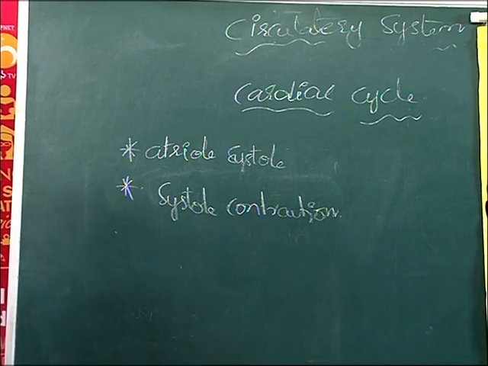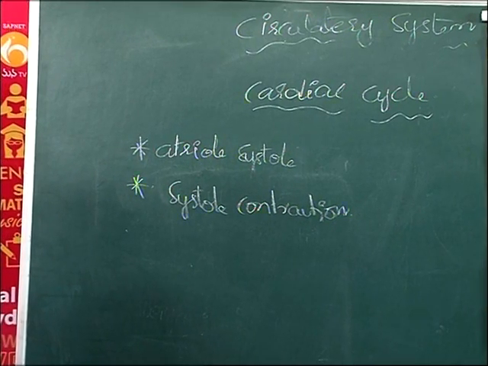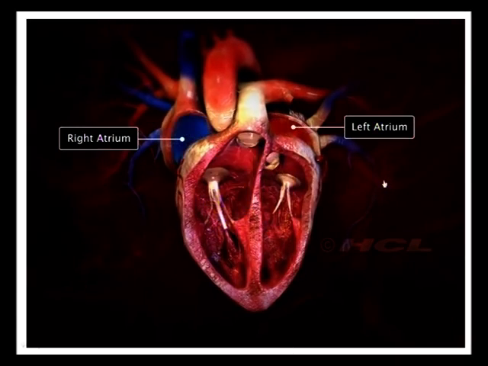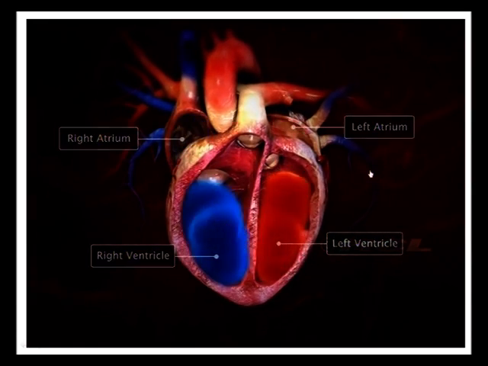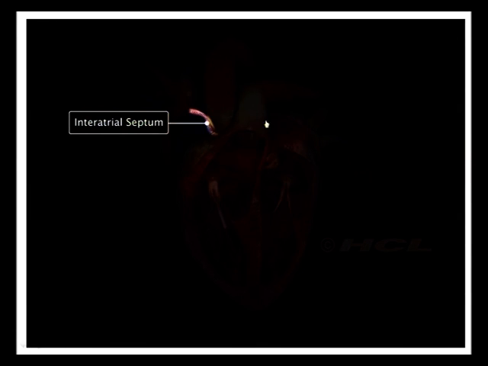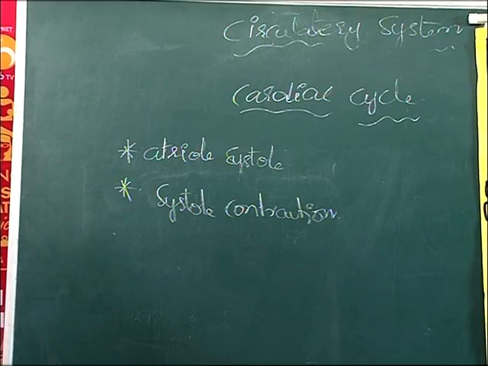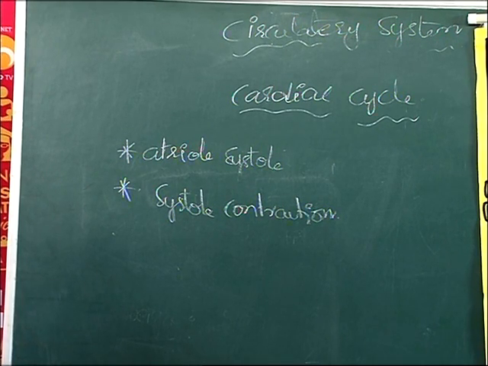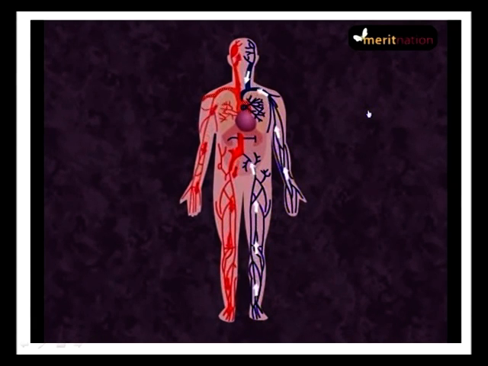Just look at here, Tswreis. These are the septums. Yes, look at here. This is the cardiac cycle, Tswreis. Look at here how the circulation is going on.